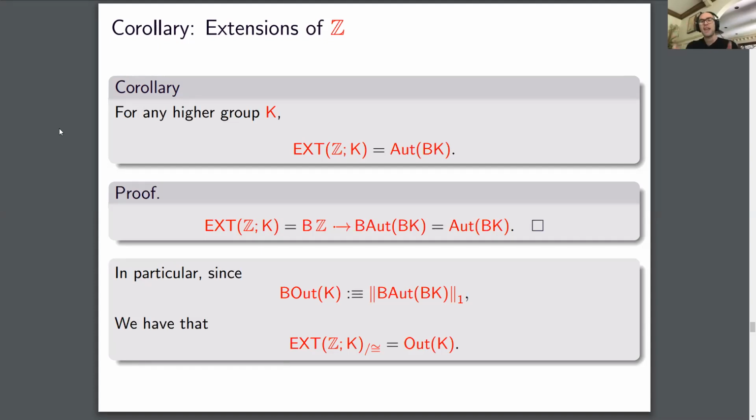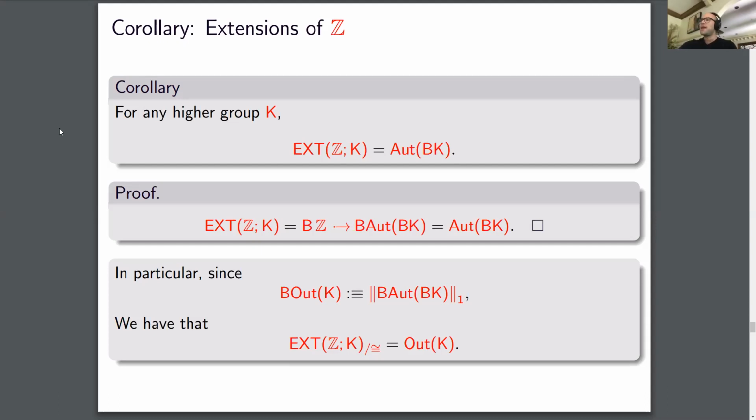Then if we truncate that, if we quotient by conjugating elements, we get outer automorphisms. And so taking this as either a definition or a theorem, take your pick, we have that the isomorphism classes of extensions of Z by K are just equivalent to outer automorphisms of K, which is a result about classical groups that I never do. It's kind of cute.